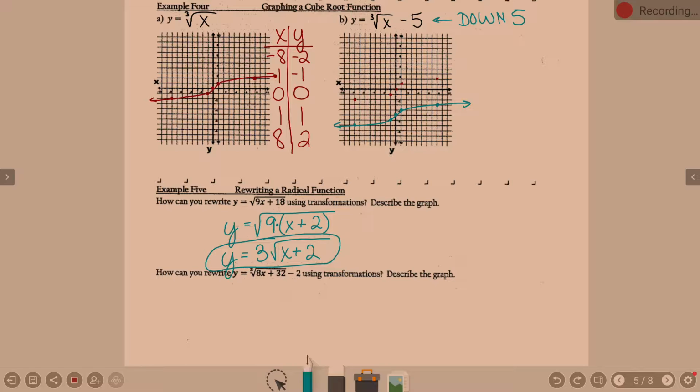So, I'm going to start my description by stating what graph we're talking about.